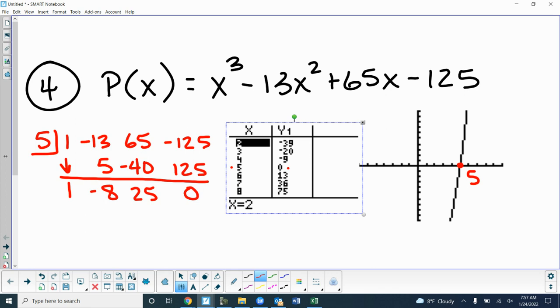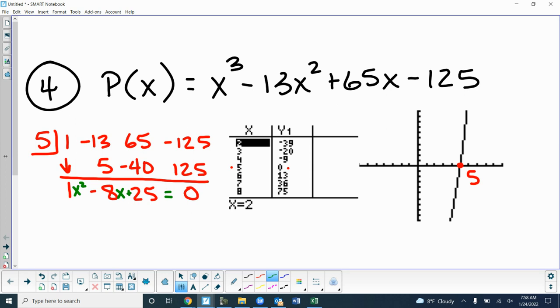So there's my 0, which I was expecting, right? Because that's what the calculator told me. Now, this started out as x cubed, so this first one is x squared, and this is an x. You put the plus because it was positive. So there's my equation I have to solve.